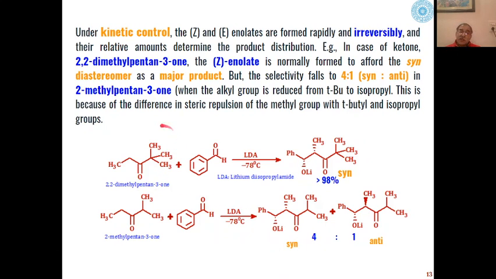When this group is a tertiary butyl group, more than 98% syn product is formed.